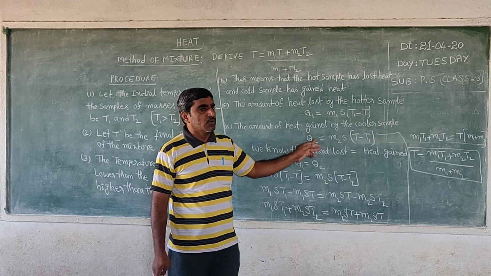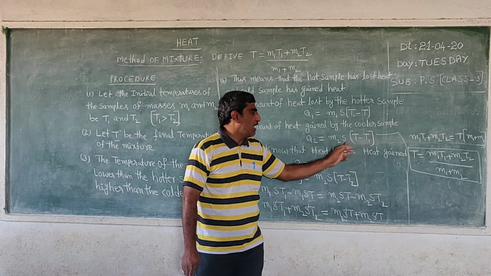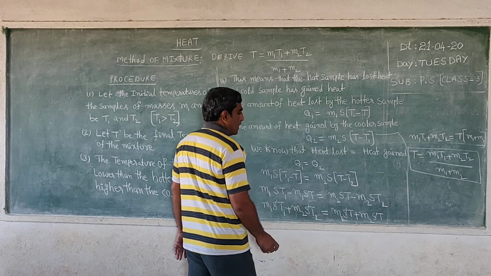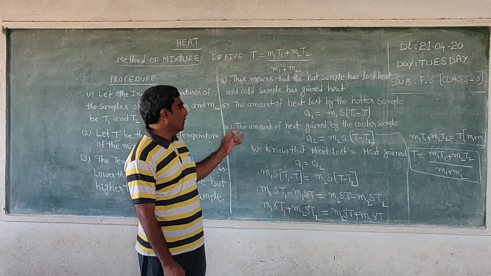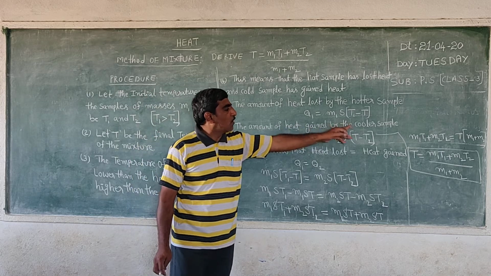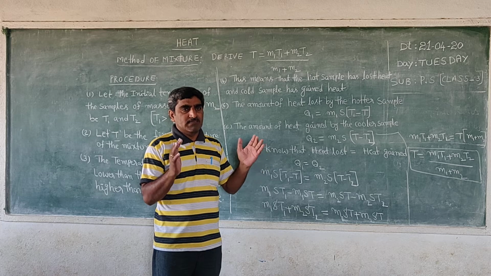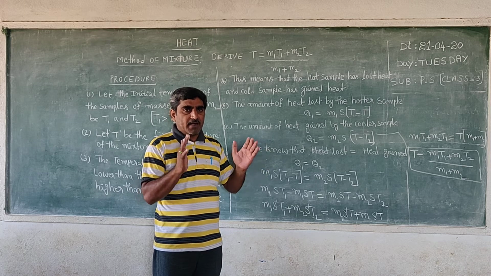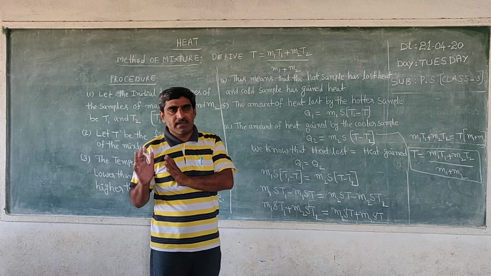The amount of heat gained by the colder sample, Q2, is equal to M2 S into T minus T2. When two substances of different temperatures are mixed, the hotter sample loses heat energy and the colder sample gains heat energy.